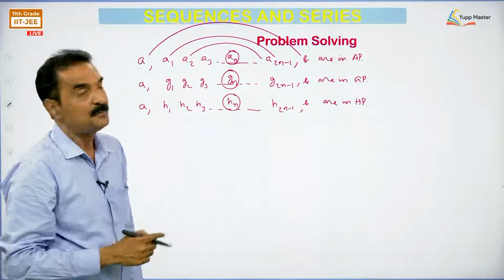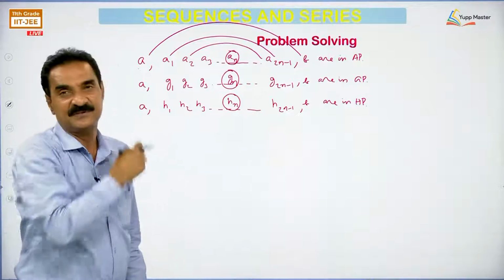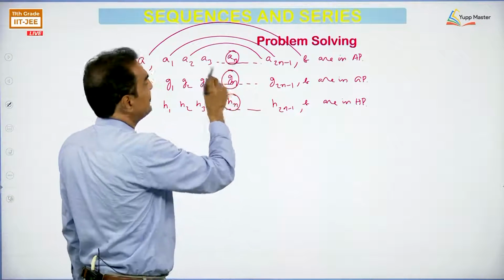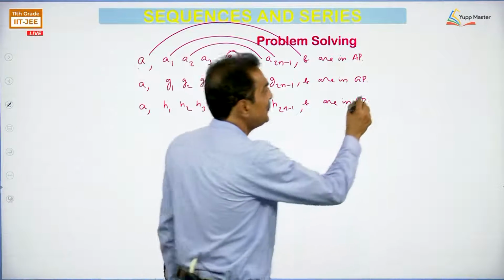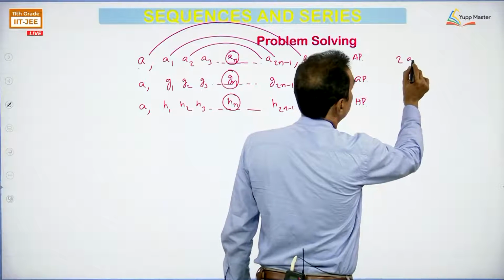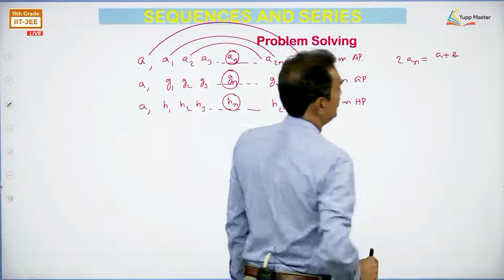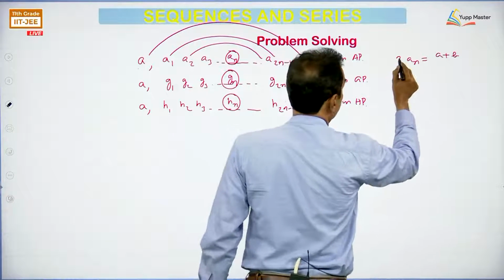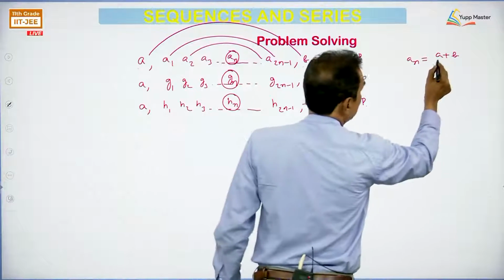So what do we do? How to apply this property for An? We have to take An two times. So An plus An will be equal to A plus B. That means 2An is equal to A plus B, or we can write An is equal to (A plus B) by 2.